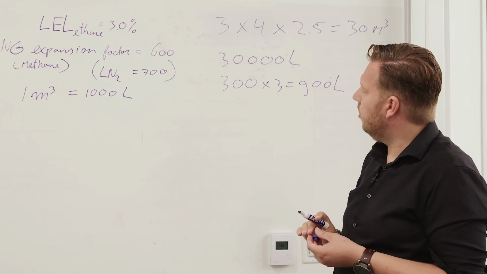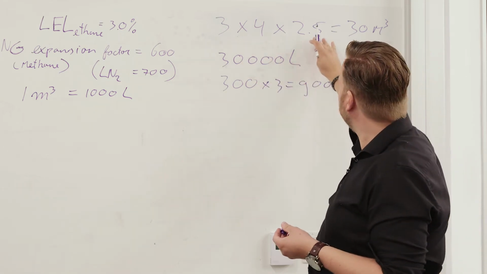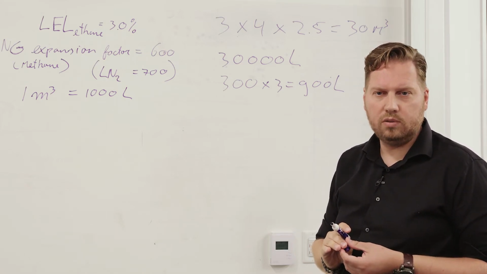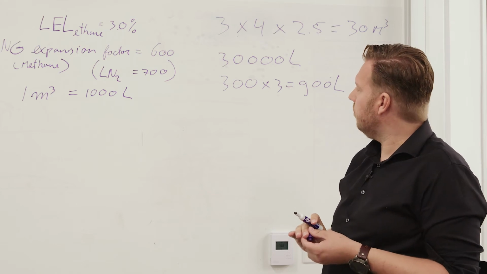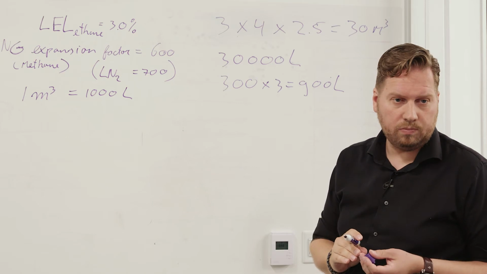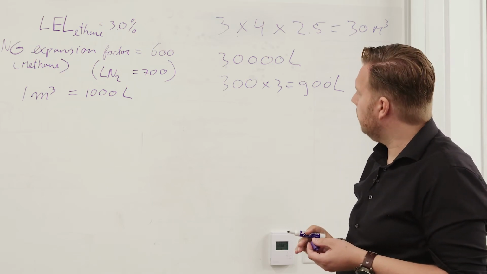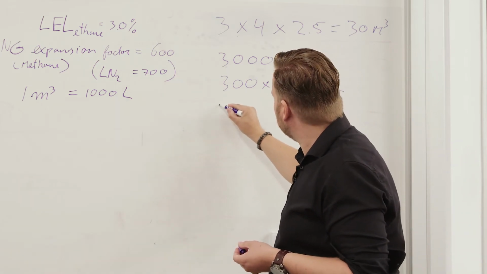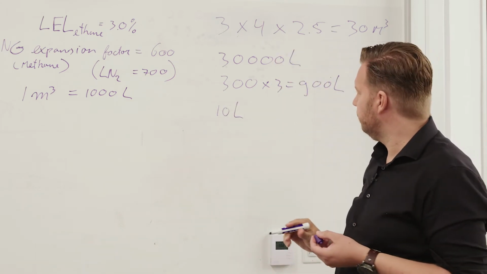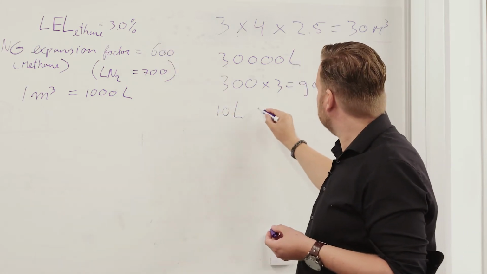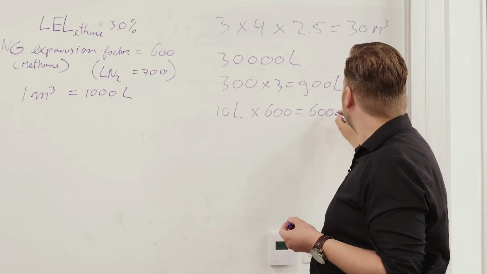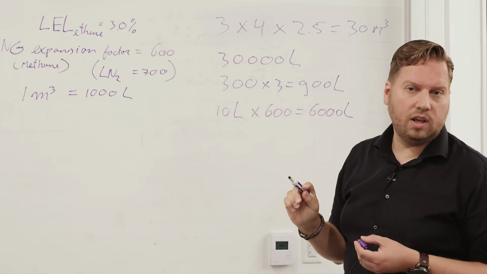Now, if you have a bottle in this preparation room that is just in the open space without any safety cabinet around it, you have to realize that if you have a bottle of, let's say, 10 liters of ethane liquid in the open space in a lab, that 10 liters of liquid ethane, if the bottle would be leaking, might transform into 600 times, so 6,000 liters of ethane gas.